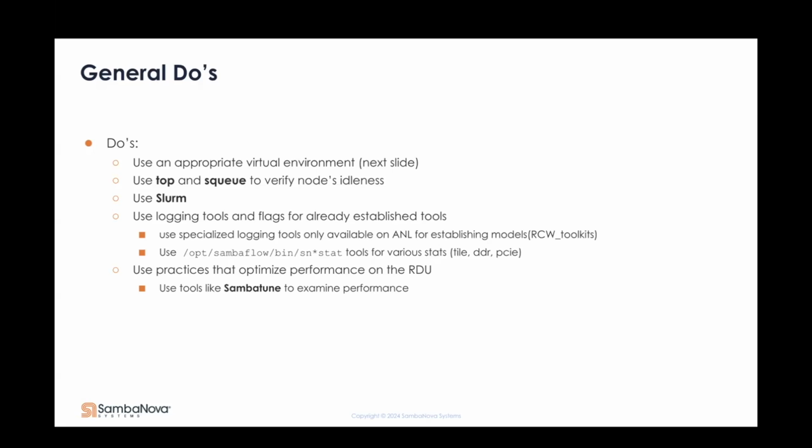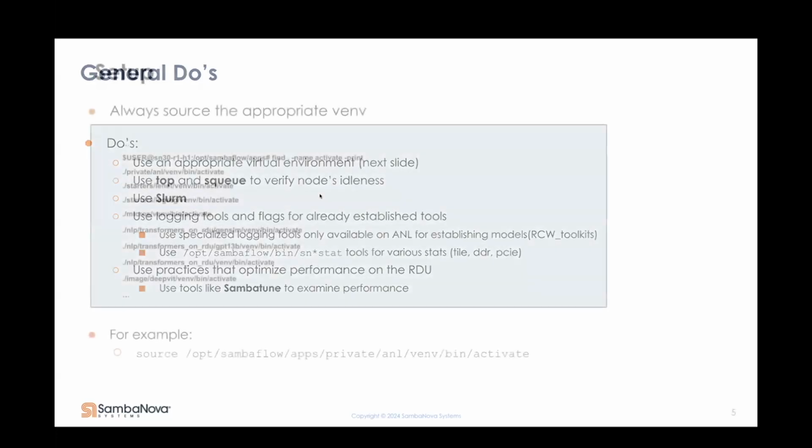If you go through any of the model box or non-model box scripts, you'll notice that they call the appropriate environment before the script actually executes the model. You can use that as a great hint and guide to reference as you work on this yourself.